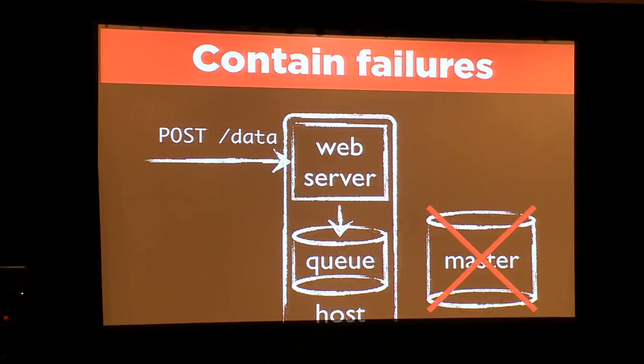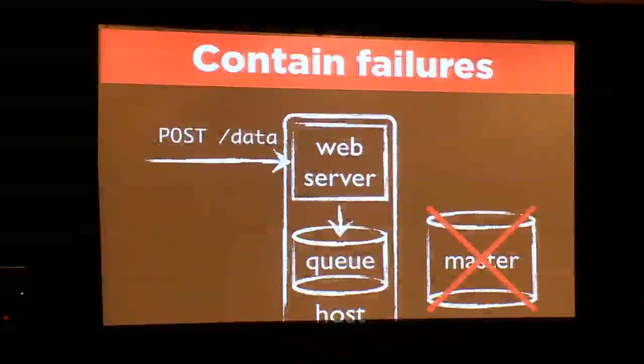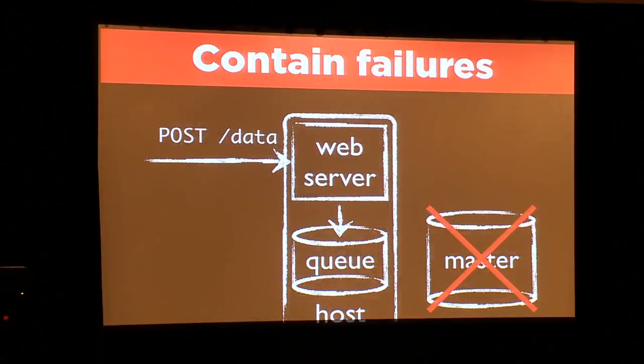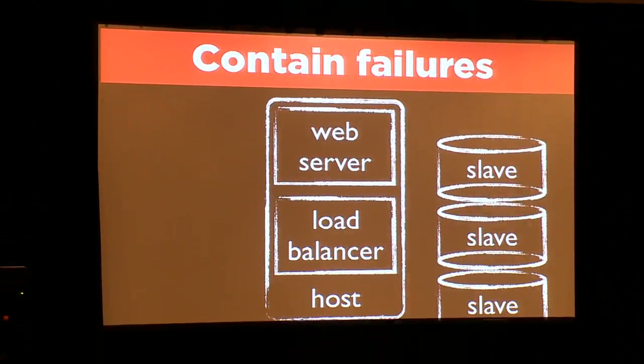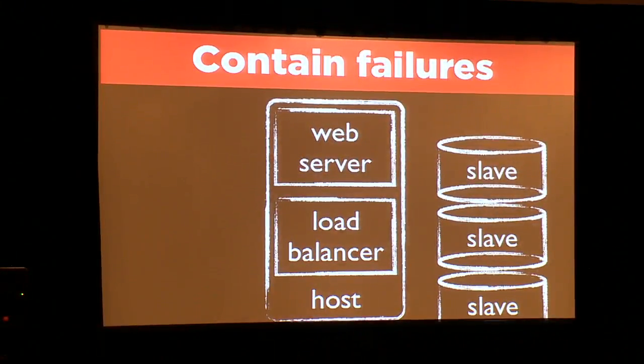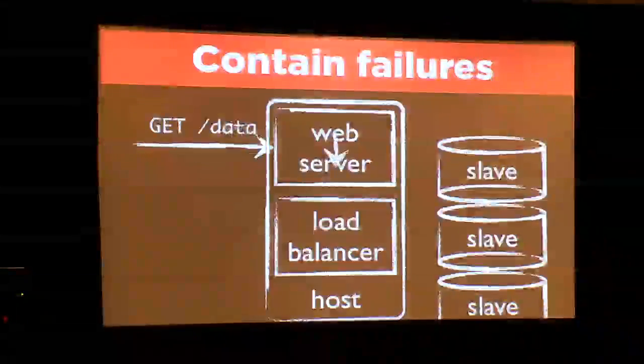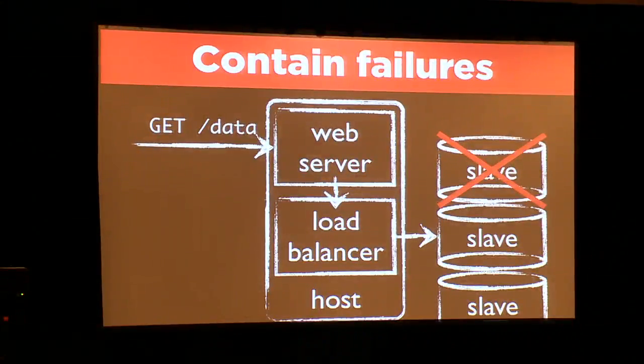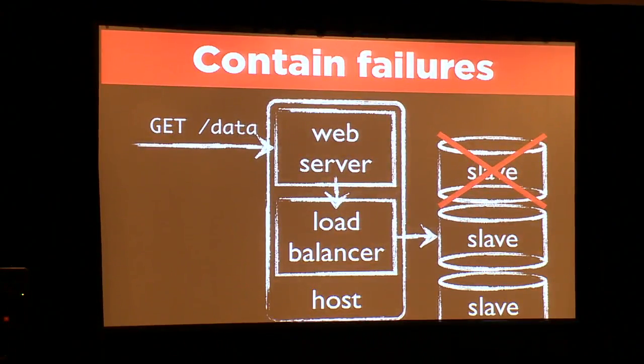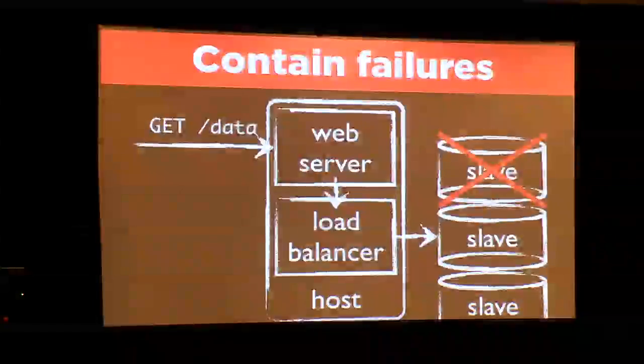That will give you some time to recover in case the remote database goes down, and that time is very valuable. Alternatively, when you perform reads, we use a local load balancer on every box that load balances reads between a pool of slaves. So in case one of the slaves goes down, we're able to rebalance the queries to the slaves that are actually up, and that gives us time to recover the slave that went down as well.